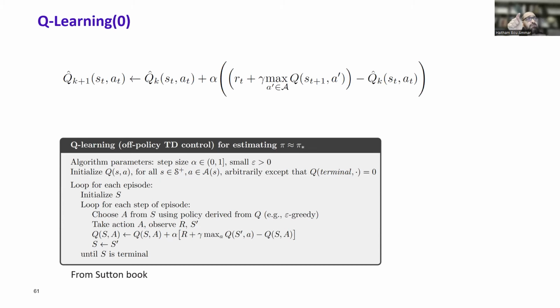In Q-learning, you take one step from your state and action according to your Q function, greedily maybe, or epsilon-greedy in your current Q estimate, and then you take the max. You add to that a learning rate multiplied by the reward you get for that transition, plus gamma times the max over the Q from s_{t+1} onward, and you subtract from that the Q hat, which is your current estimate.